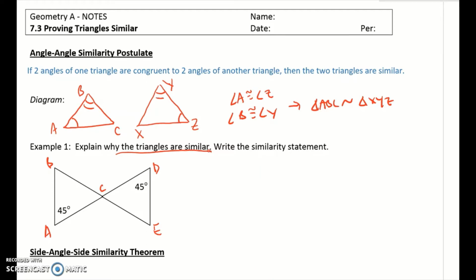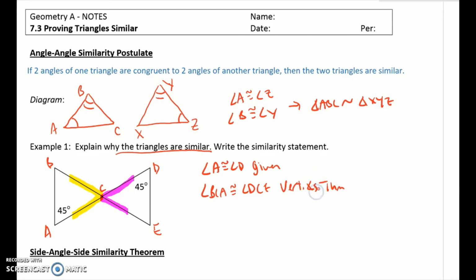Which two are they? Well, clearly from the given, angle A is congruent to angle D because that was given to us. And then we can also see, what do you know about angles BCA and DCE? All right, and you'll see BCA here in yellow and DCE there in the purple. Those are our vertical angles, so we know that angle BCA is congruent to angle DCE because they're vertical angles.